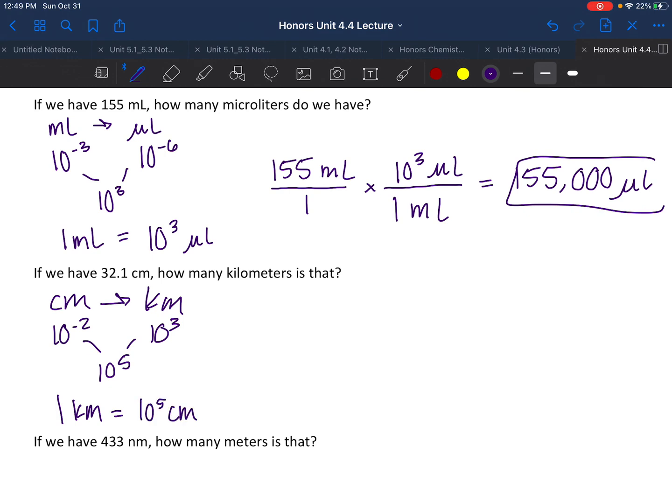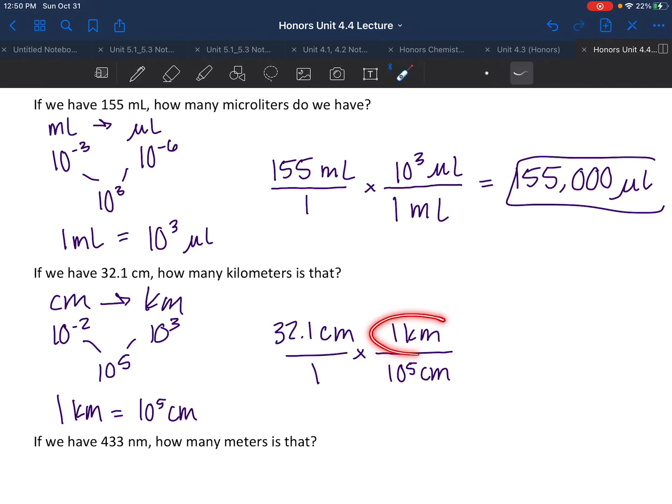And now I'm going to get ready to start my conversion. If I have 32.1 centimeters over 1, in my conversion factor I'm going to make sure to place centimeters on the bottom so that it cancels with my original value. And my target is kilometers. So another little thing to tell yourself is put the target unit on top.